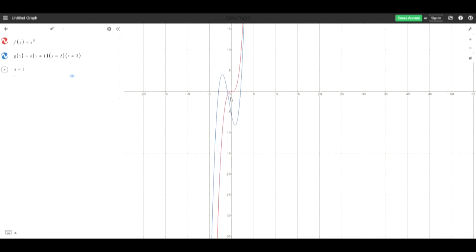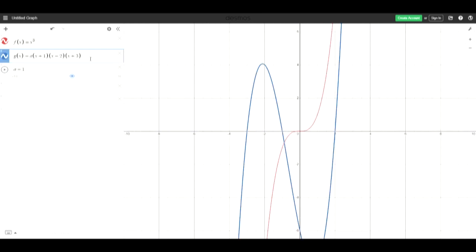That's why I was saying the middle part is where you'll have a lot of difference for your sketches, but the ending will be the same. So decreasing on the left, increasing on the right, or if you're using the approach notation, as x approaches negative infinity, my y's are decreasing. As x approaches positive infinity, my y's are increasing.